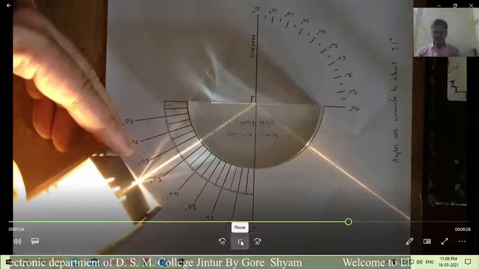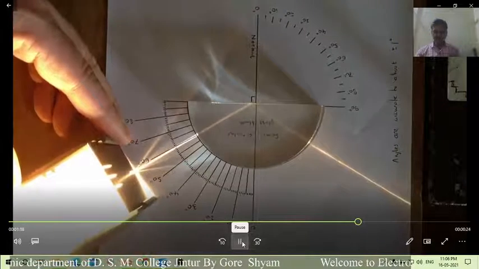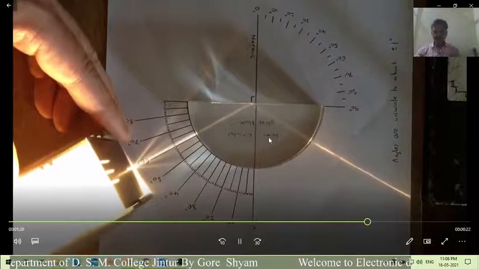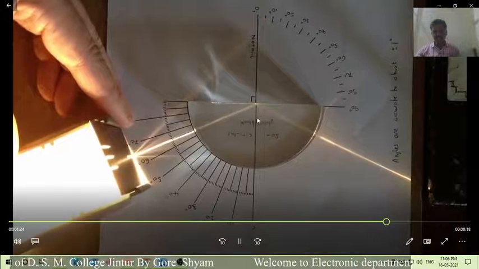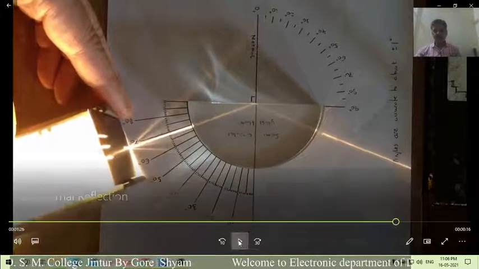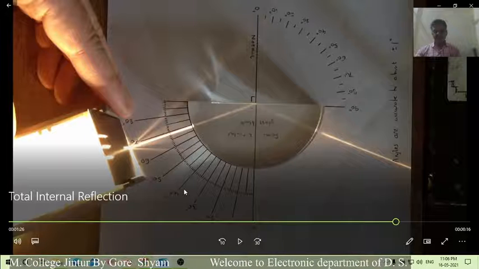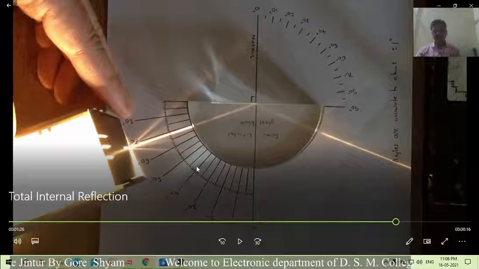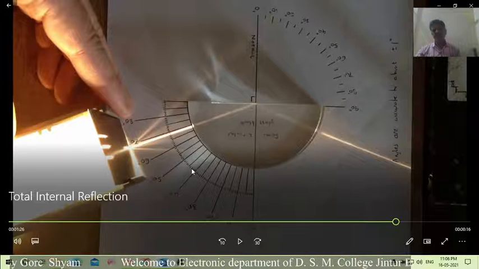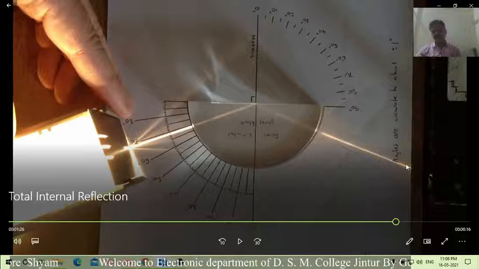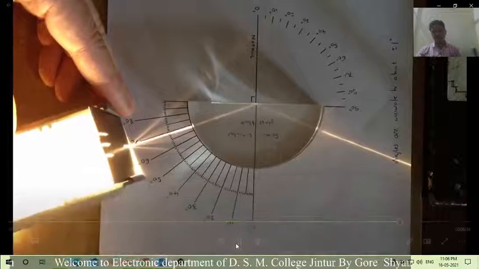When the angle of incidence is more than 40 degrees, then the light is totally reflected, and such a phenomenon is known as total internal reflection. Here 40 or 42 degrees is the critical angle. If the angle is greater than 42 degrees, then the light is reflected and comes back into the same medium.